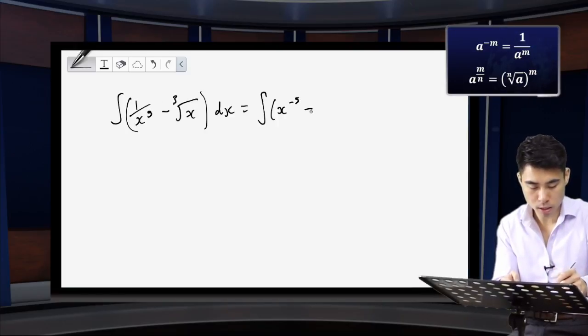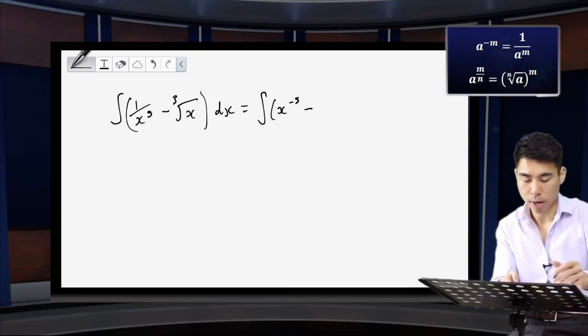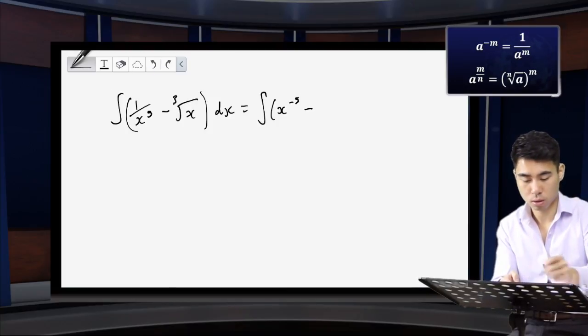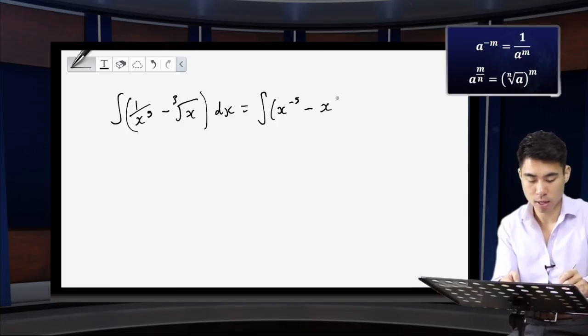Okay, and then similarly, second term here, I've got my cube root on x, so it's going to be a fractional power in this case. My power is going to be a third. So if I had square root, i.e. there was a 2 up here, then it would be a 2 on the bottom here.